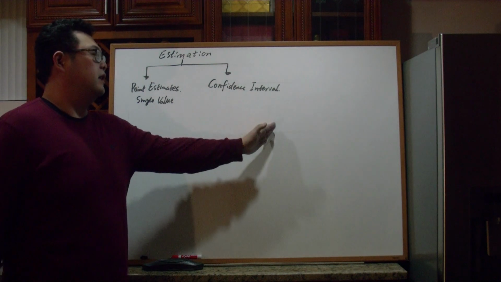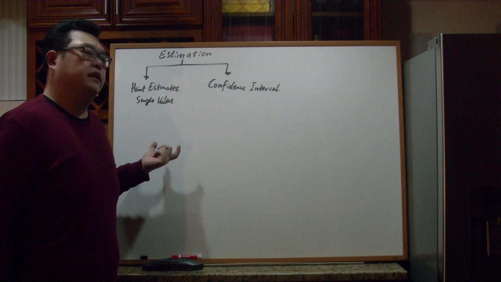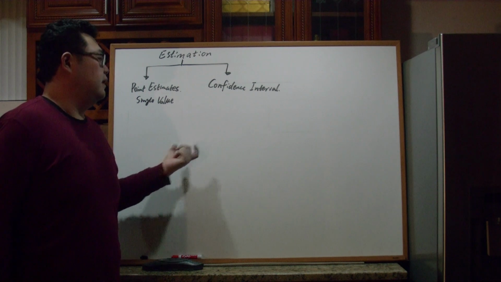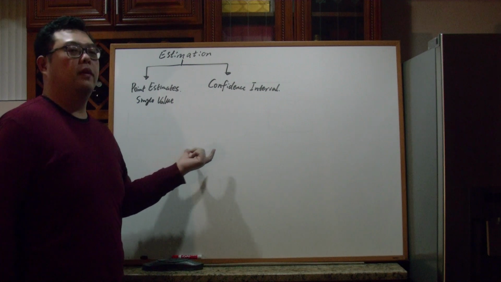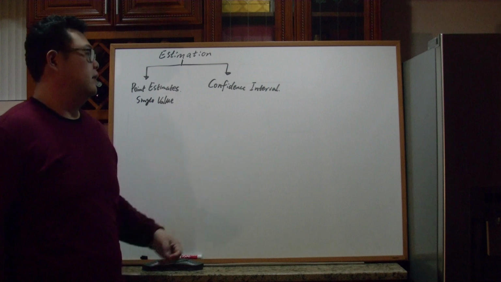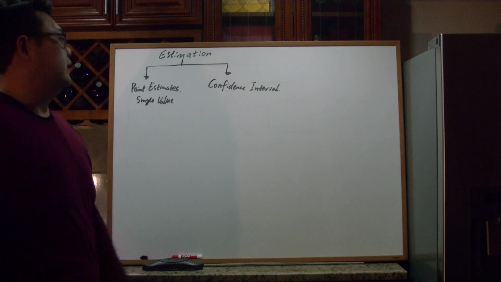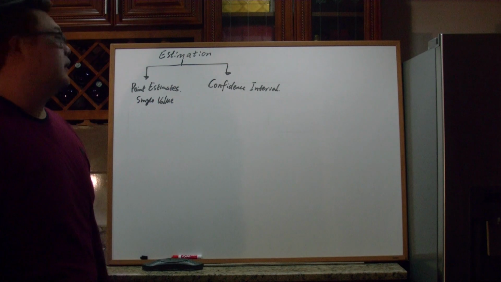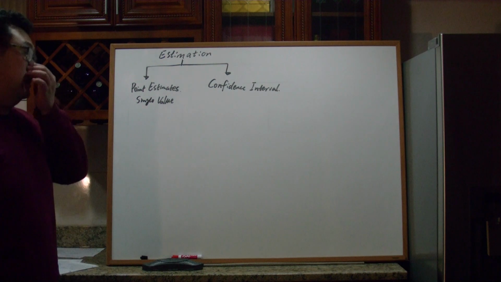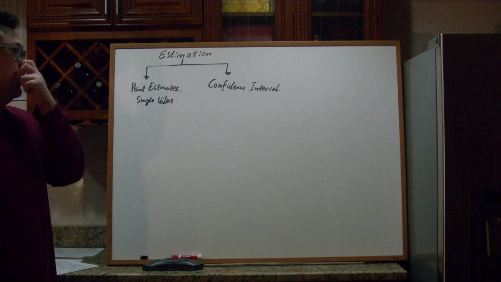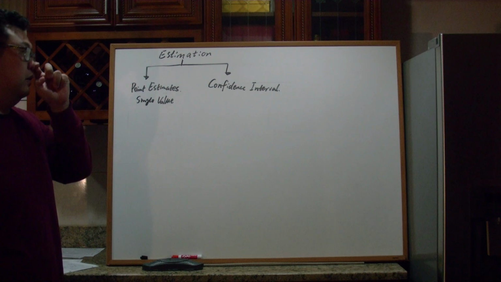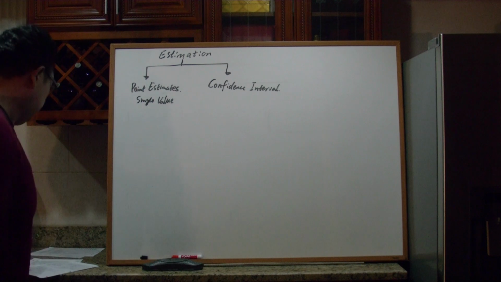We provide a certain interval in which we are confident that the true population parameter falls. And of course, there is a confidence level, which means a certain level of confidence. We'll see that soon.